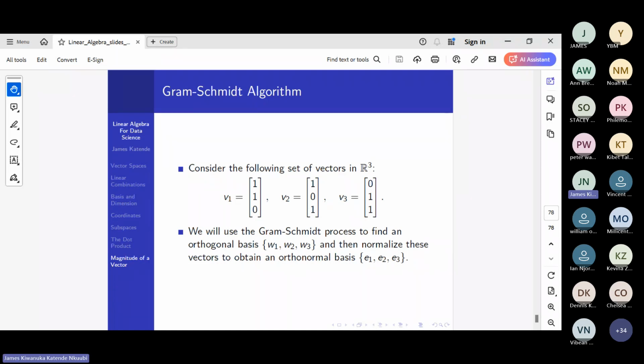So magnitude and norm are the same thing in our case. The thing is, there are different ways of measuring magnitude. They all measure different things. They don't measure the same thing, but they all count as magnitude. So it depends on what you want to achieve.